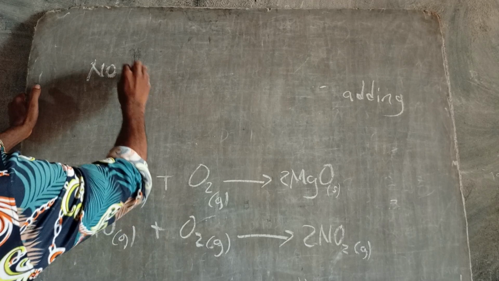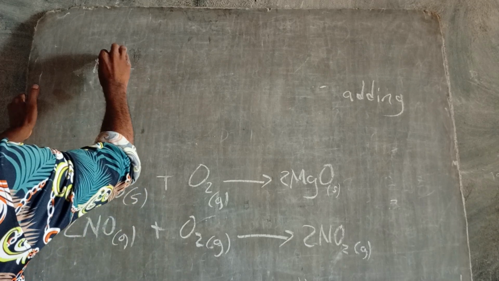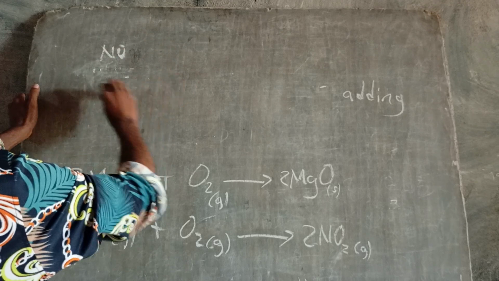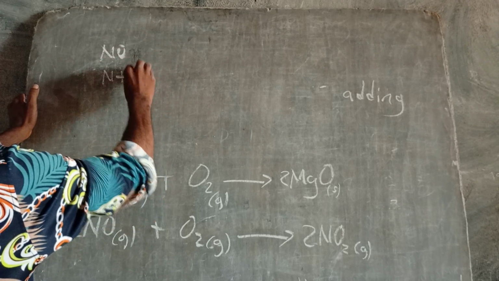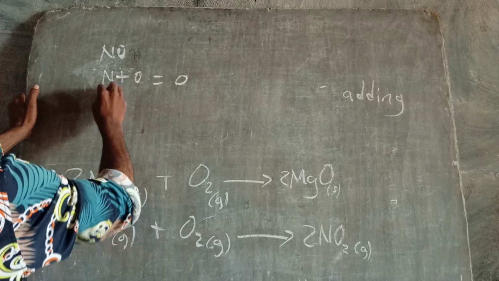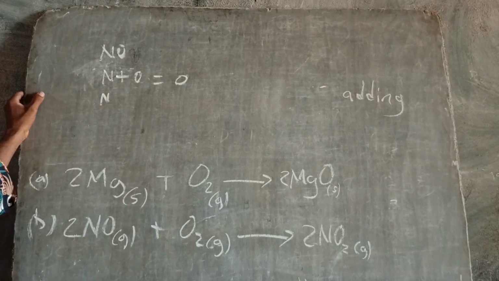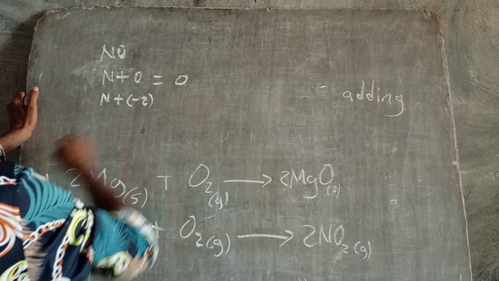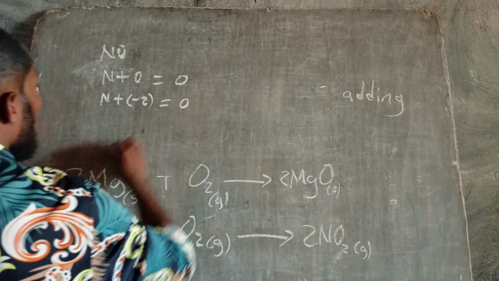So we have NO, just add it and equate it to 0. So you have N plus oxygen equals 0. The oxidation state of oxygen is what? -2. Which will give us 0.